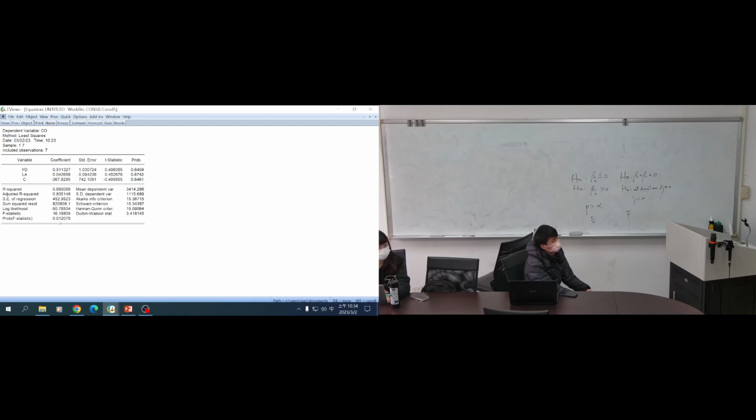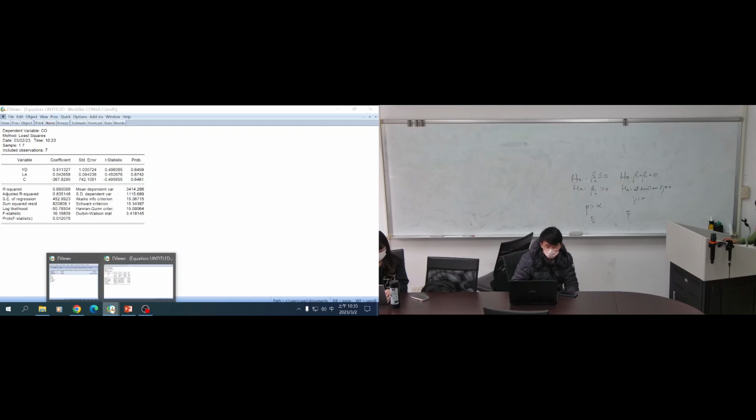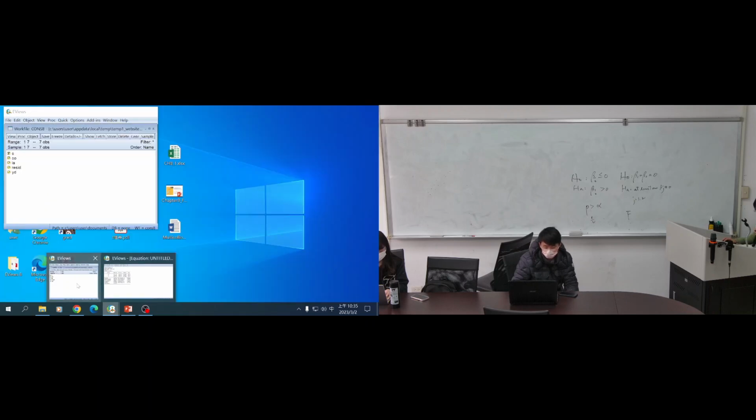So you run the regression with just one variable. You need to run two simple regressions: one with LA as a regressor, the other with YD as a regressor, separately. So let's run two simple linear regressions.